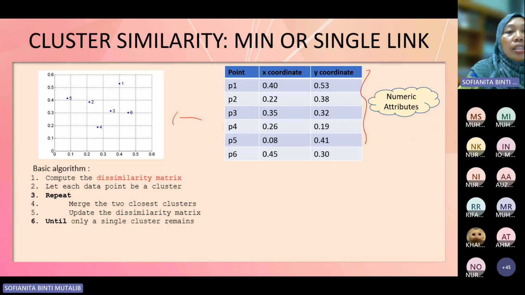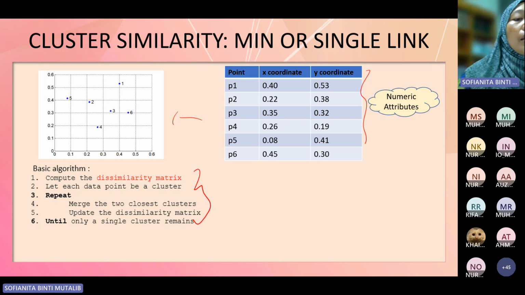So out of these 6 objects, how do we produce the hierarchy, the nested cluster and also the dendrogram? How are we going to produce the nested cluster and dendrogram from the data set?